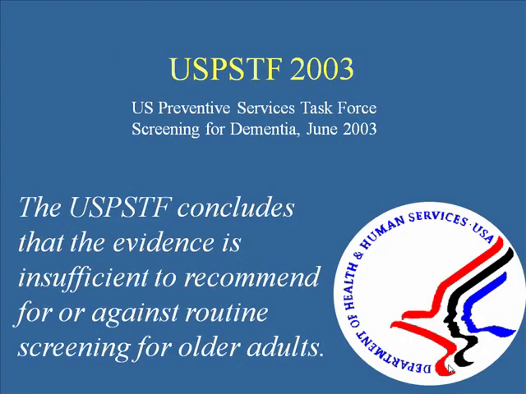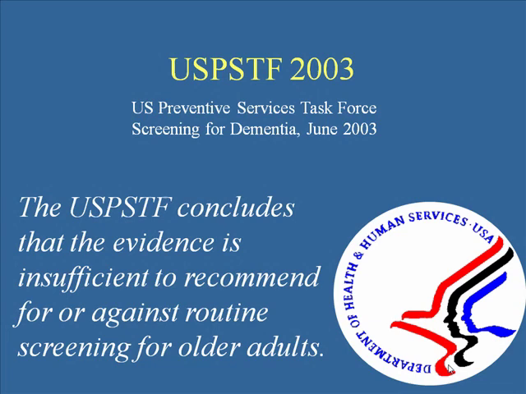I start out with this slide to highlight the element of controversy that this topic brings to our conversation. It's a topic that many of us in geriatrics struggle with. I think we see many people who have cognitive impairment.